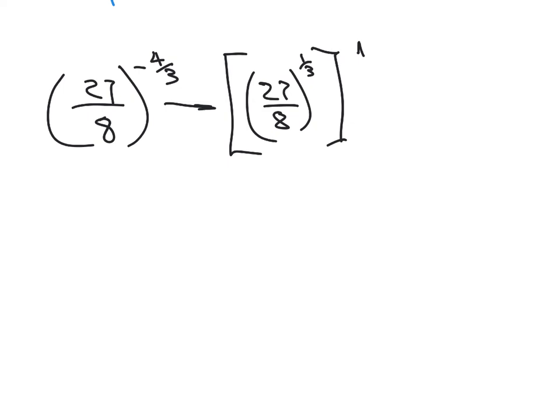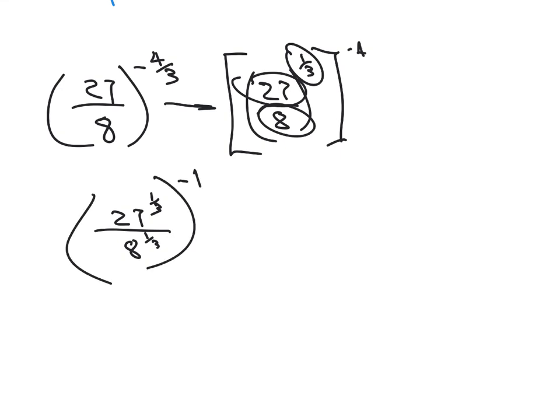So there's our negative 4 there. All right, so what we have then is 27 to the 1/3 over 8 to the 1/3, because remember, we split these two up because they both have a 1/3 on it. And then that is with a negative 4 still there.